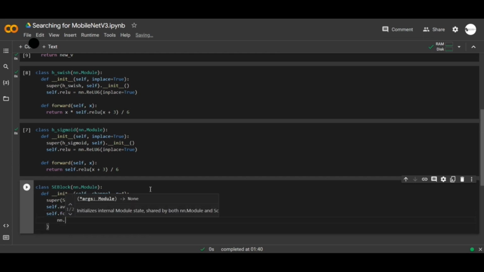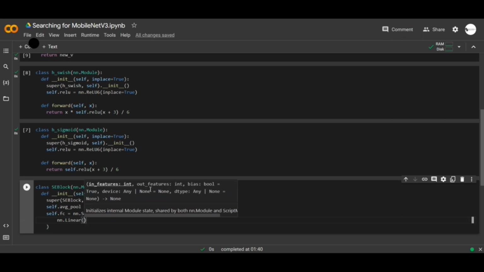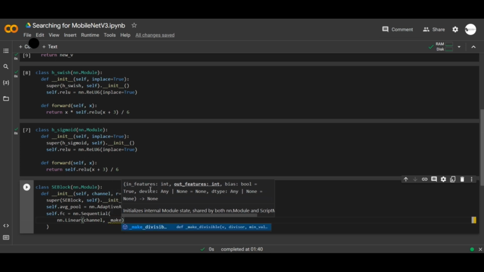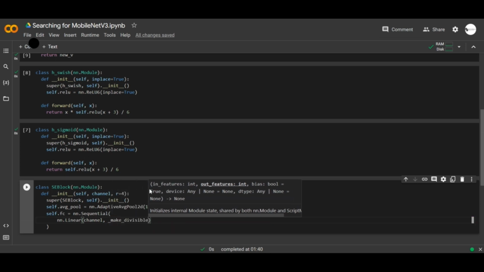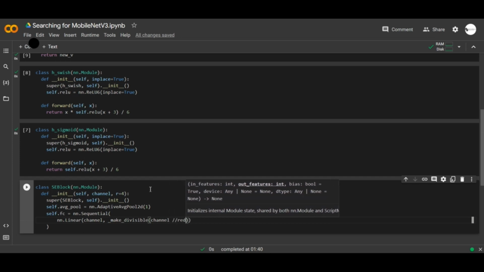Then we have nn dot linear layer, which is going to take in the channel. Then we use the make divisible function that we did, with the channel divided by reduction, then we say 8 here.